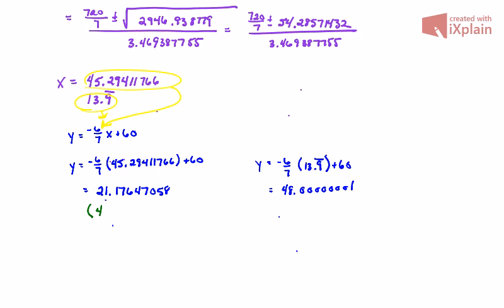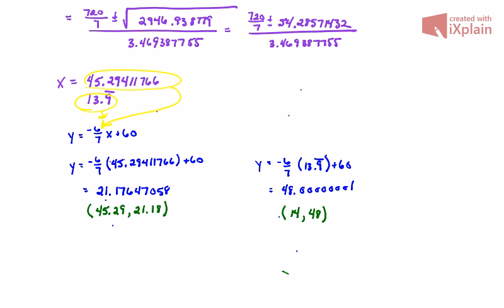Here I'm going to start rounding off, because at this point we're going to be okay. So here's my 45.29 and 21.18 if I round these off to the second decimal place, and here I have 14 and then 48.